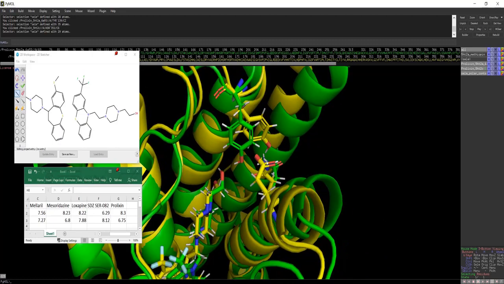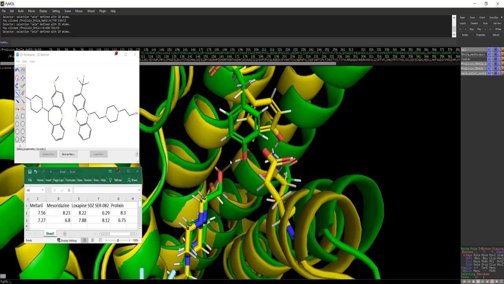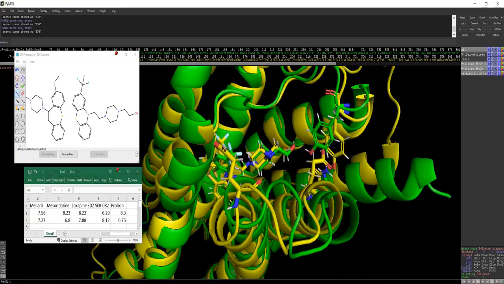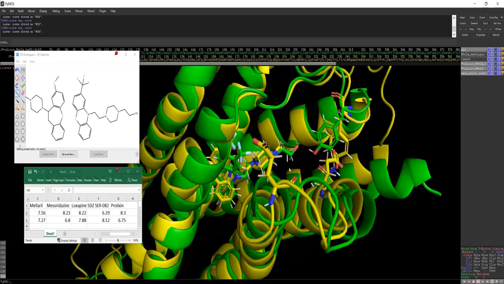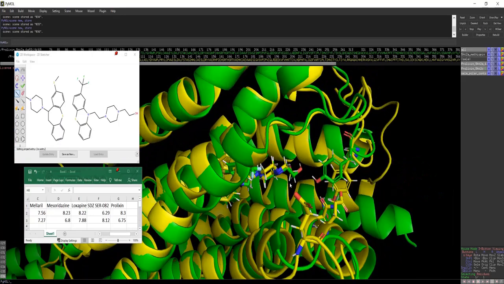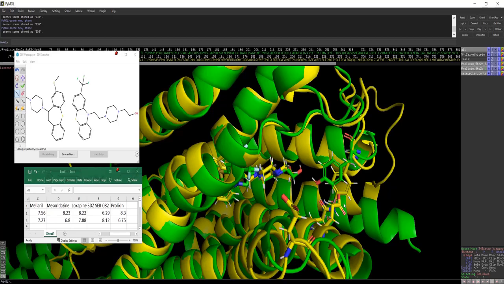So it prevents the interaction with that tyrosine and therefore does not bring it down to interact with that hydroxyl. And that is why you have that selectivity between 5-HT2A and 2C in Prolixin. As we will come to see, this network between this asparagine, glutamic acid, and tyrosine plays a critical factor in the selectivity of antagonists that bind to the extended binding pocket.